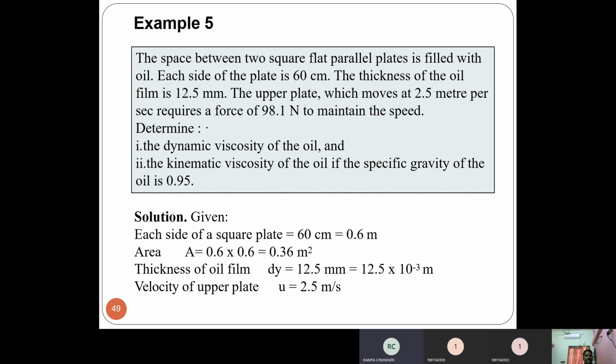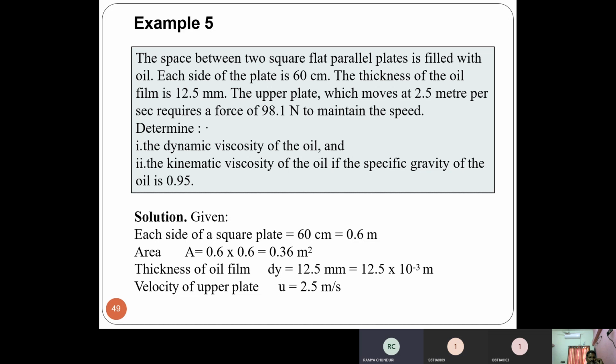The upper plate moves at 0.5 meter per second, and requires a force of 980.1 Newton to maintain this speed. Determine the dynamic viscosity of the oil, kinematic viscosity of the oil, and specific gravity of the oil given as 0.95. Just try to understand the problem.